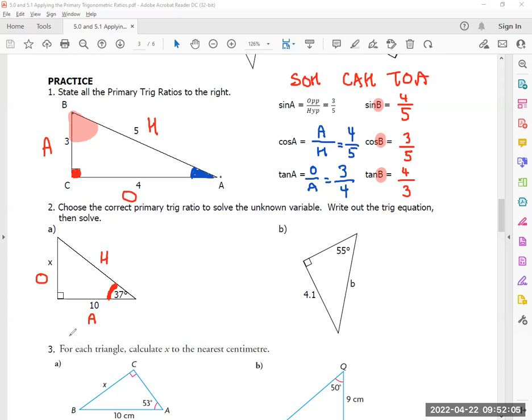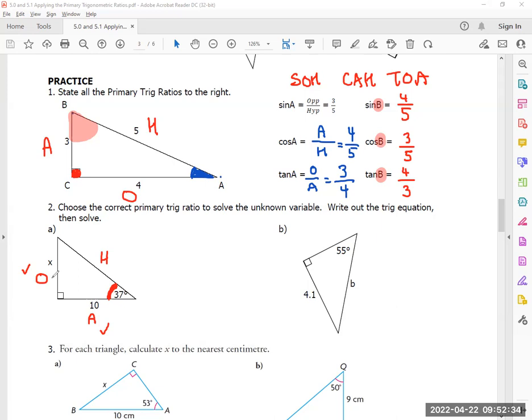What ratio are we going to use? Now, you have to think about this. What side do I have right now? I have A. What side do I want? I want O. Do you see where I'm going with this?